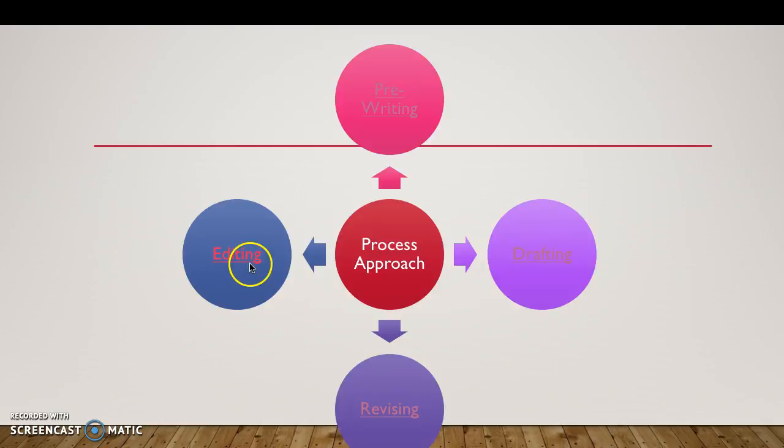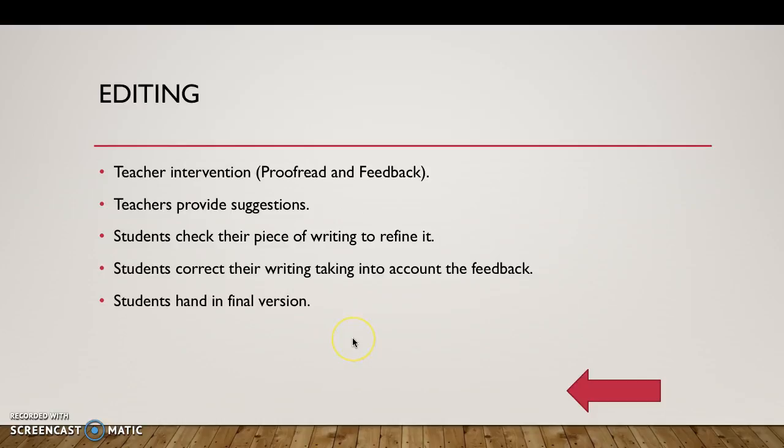And finally, the editing stage. This is the stage in which the teacher intervention takes place, in which the teacher proofreads and gives feedback. The proofreading is when I start reading your pieces of writing.